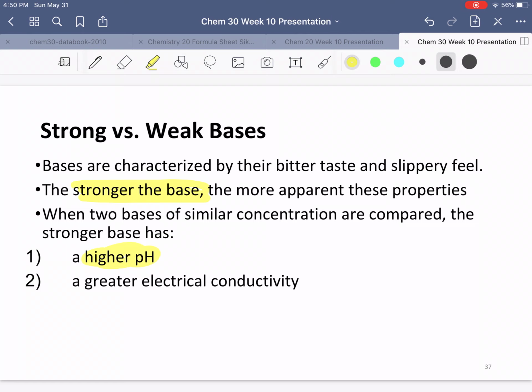And we also end up with that scenario, similarly to with strong acids, of a greater electrical conductivity. So once again, that means more ions must be present in a strong base than are present in a weak base. That's the only way you're going to get a greater degree of conductivity.